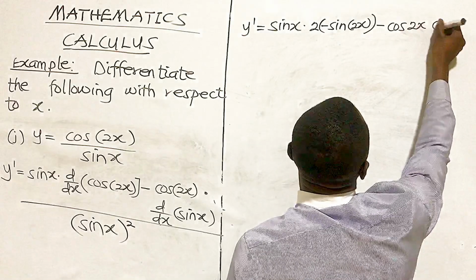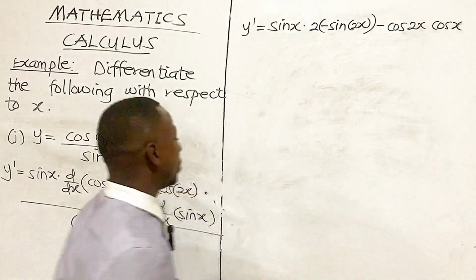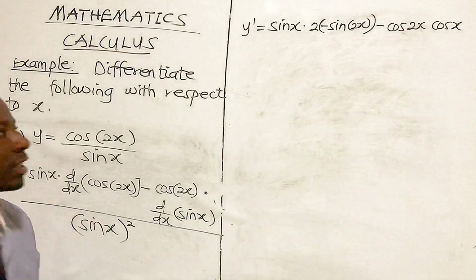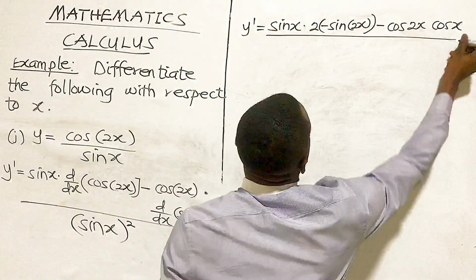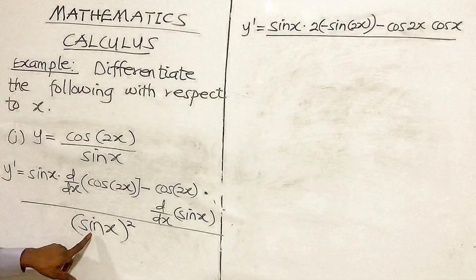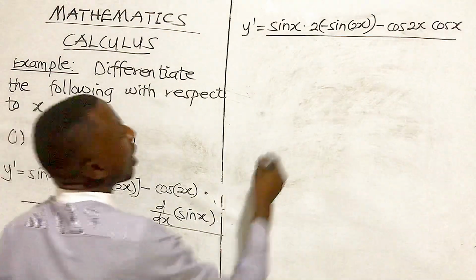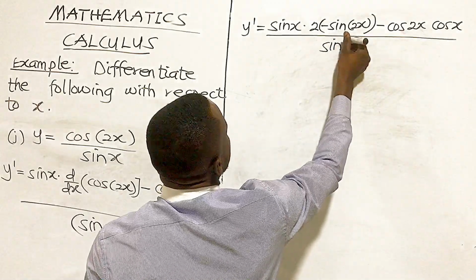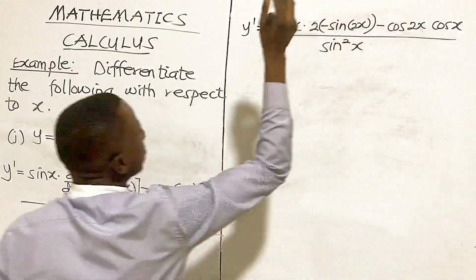And when you differentiate sine, we are going to get cos x all over sine x all squared. And we have sine squared x.